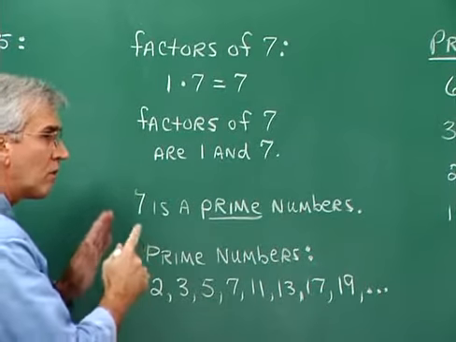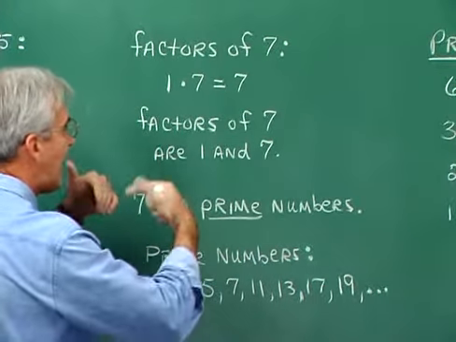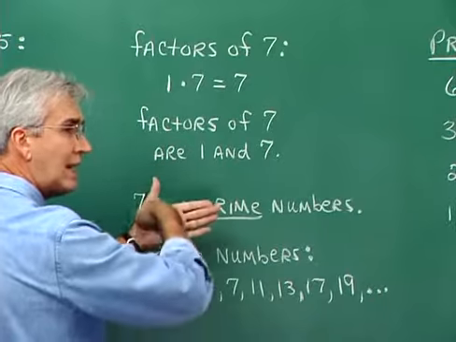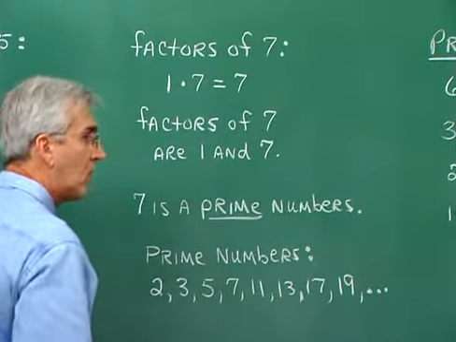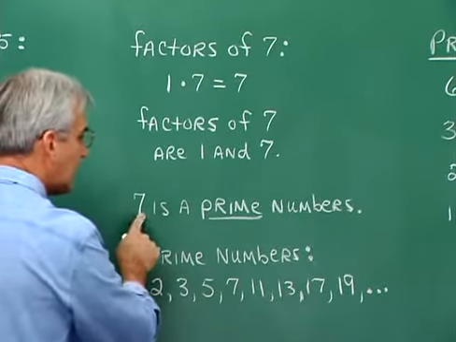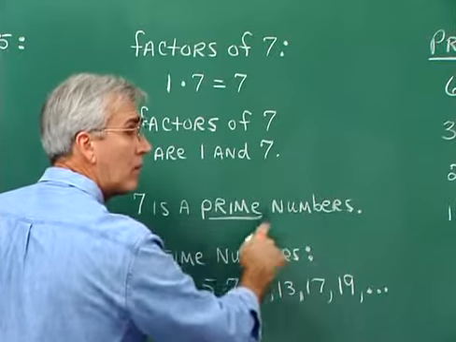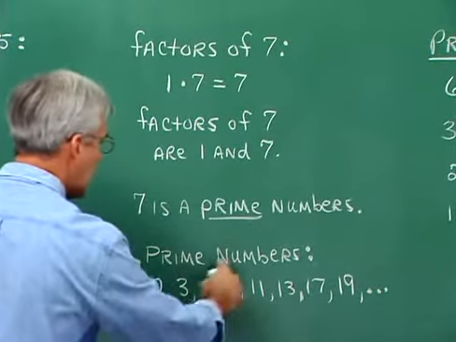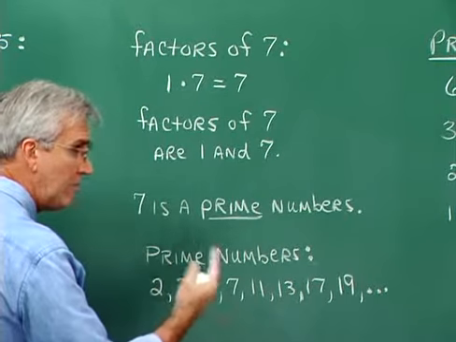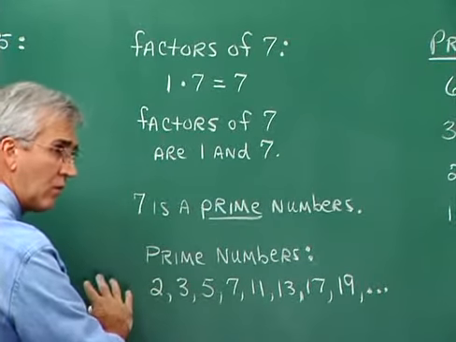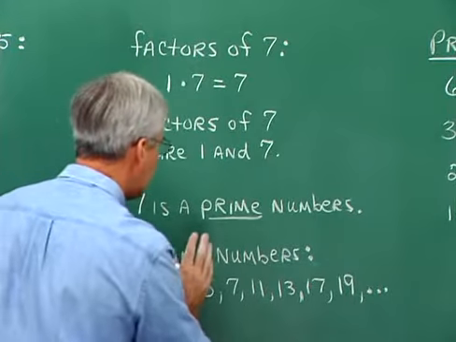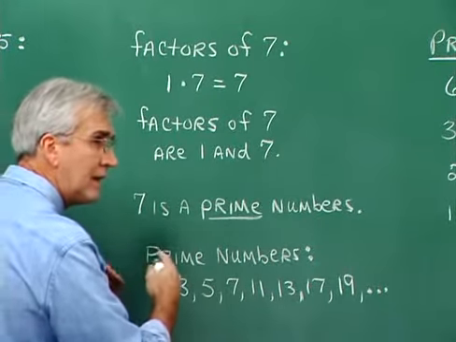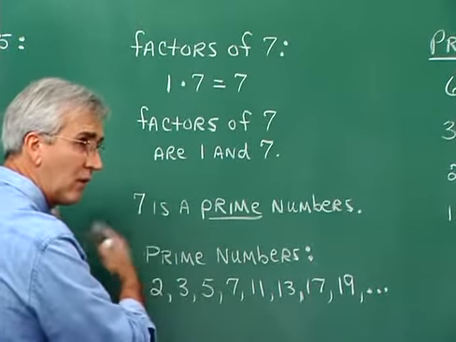Now, whenever we have numbers where the factors of the number are just 1 and itself, that number is called a prime number. So 7 is a prime number. Some other examples of prime numbers are these. The first prime number is 2. One is not prime, and it falls into a category unto itself.